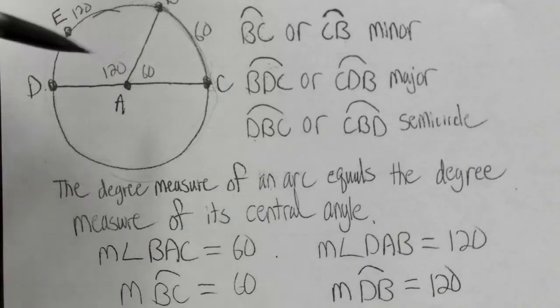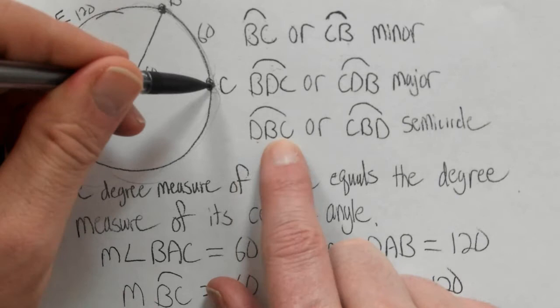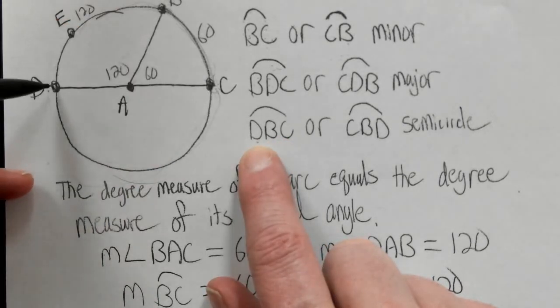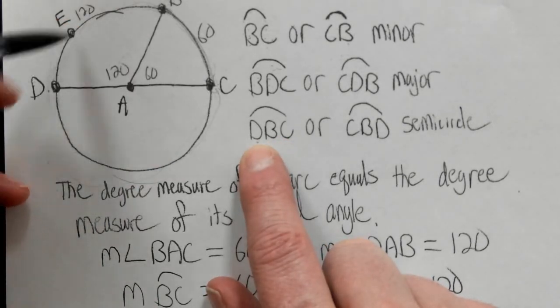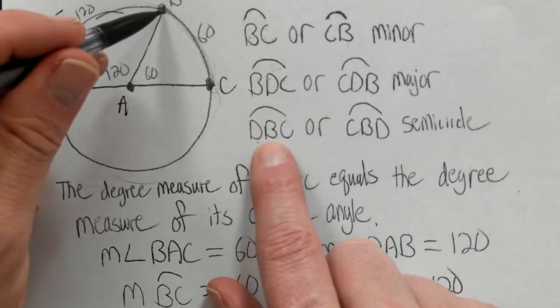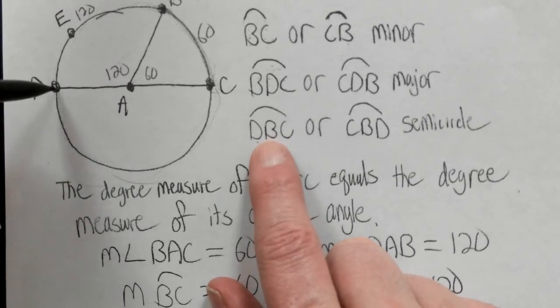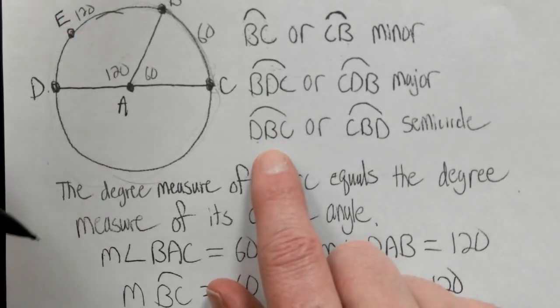Semicircle, if I wanted to talk about the semicircle from point D over to point C, I would call it arc DBC. So just like with a major arc, you need a letter in the middle, a point in the middle of the 2 letters that shows you the direction the arc is traveling in.